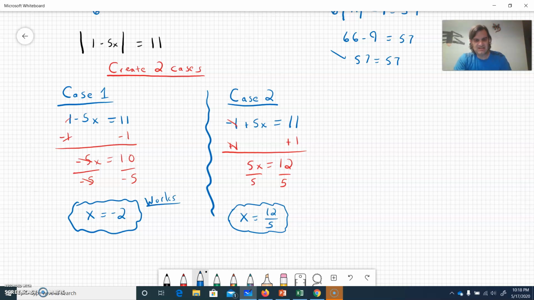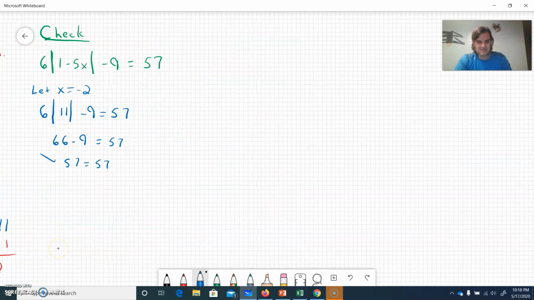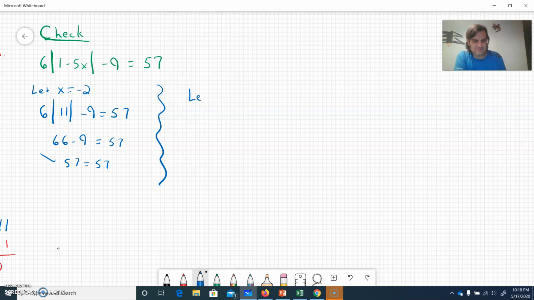Then I'm going to do the same thing with the 12/5. I don't really expect anything crazy to happen with the equations that we've got, but it's a good habit to get yourself into to be checking these. So I'm going to plug in 12/5 into my original equation: 6 times the absolute value of 1 minus 5 times 12/5.